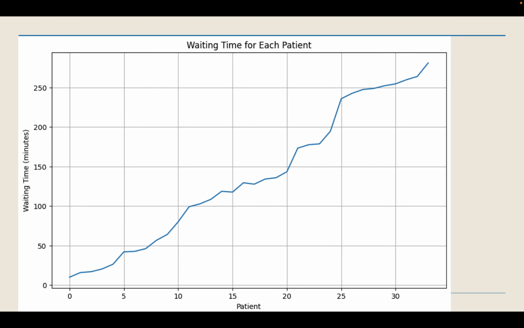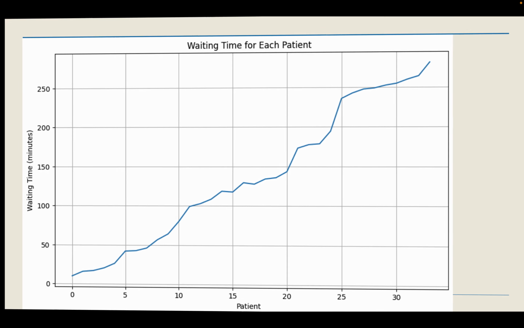As we can see here, the waiting time for each patient is increasing. The average waiting time, as we mentioned previously, is around 136. The average treatment time is around 11 minutes. Doctor utilization is 29%. Nurse utilization is around 35%.